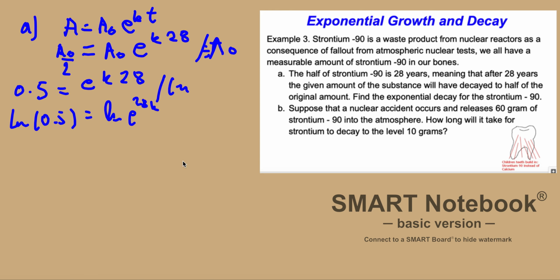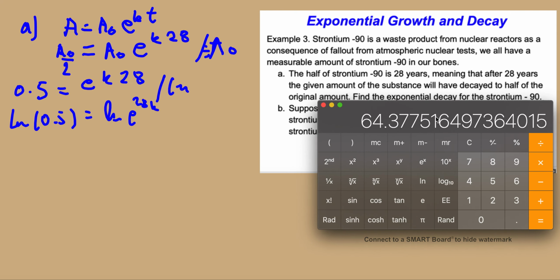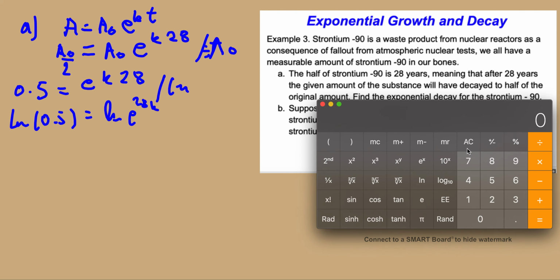Now, let me take the calculator. We take ln 0.5, which is negative 0.69.